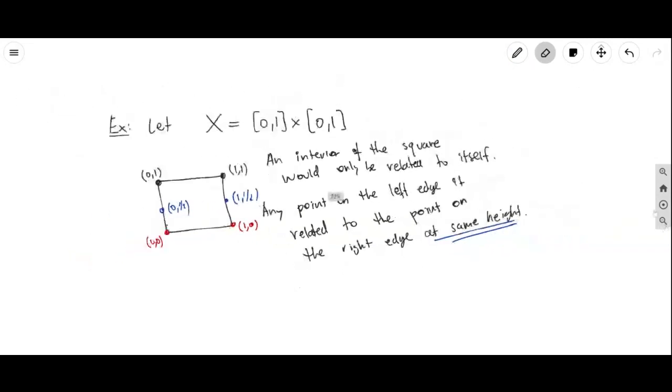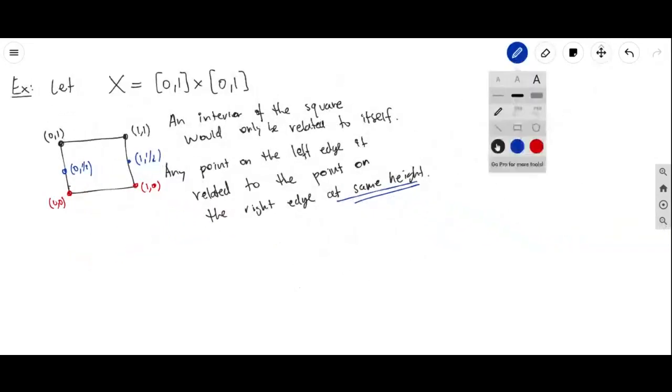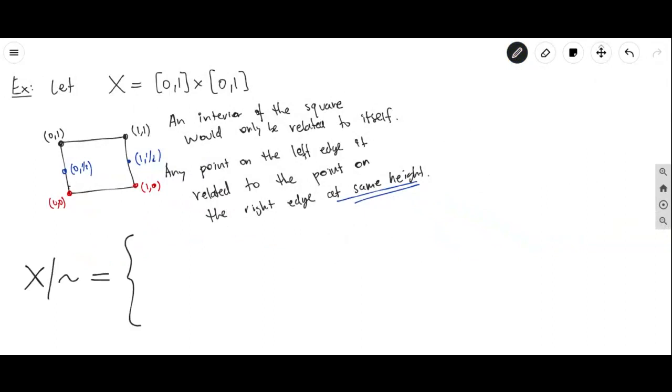So if you were to write this out as a set, this is the way it's going to look. If you pick an interior point, the set of points that are related to it is just itself. For instance, 1/2, 1/2 is an interior point, so that will stay alone by itself. The same thing is also true if you pick something on the upper edge.